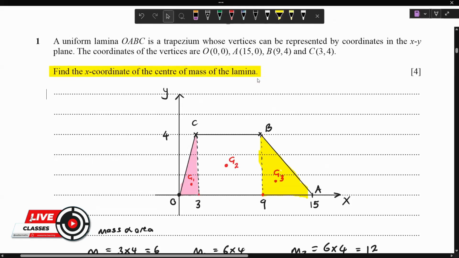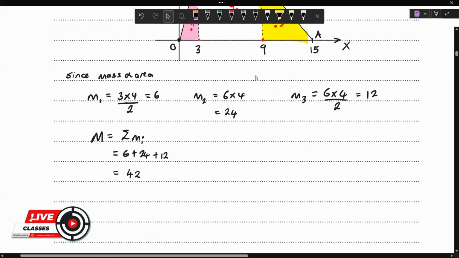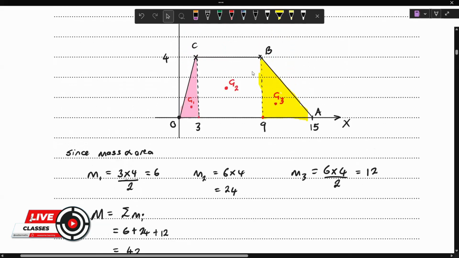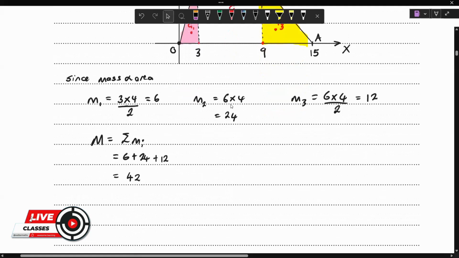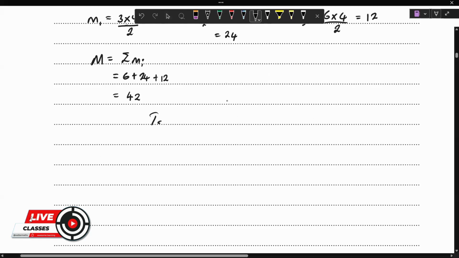All right, so remember what we're looking for is the x coordinate of the center of mass of the lamina. So we are going to take moments, or consider our point of reference to be the origin. So I'm going to say here, taking moments about O, and considering that M of x bar, because x bar is the center of mass of the whole lamina, is equal to the sum of mi xi.